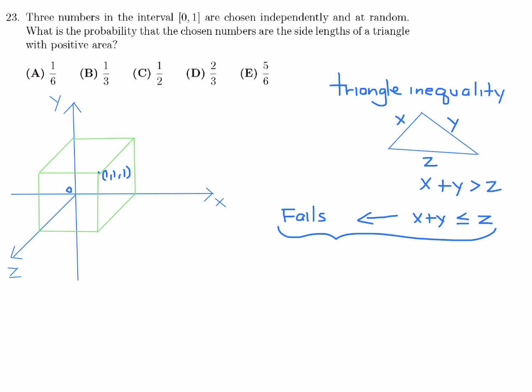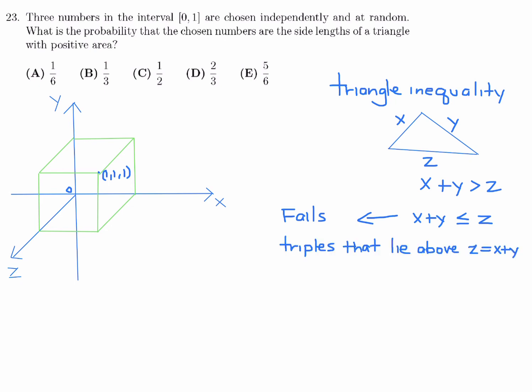Now let's concentrate on this region, and this takes a little bit of thinking. Any x, y, z that satisfies that would mean that it would be a triple that lies above z equal to x plus y.